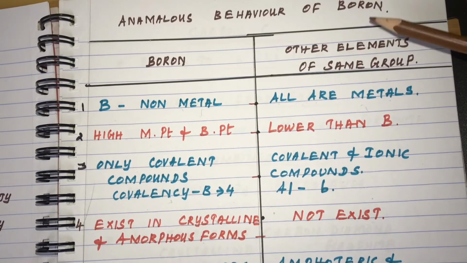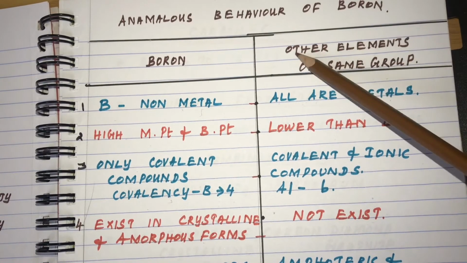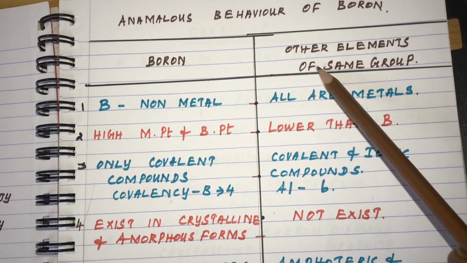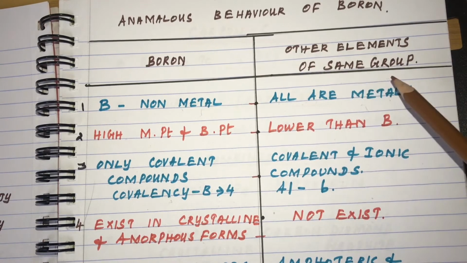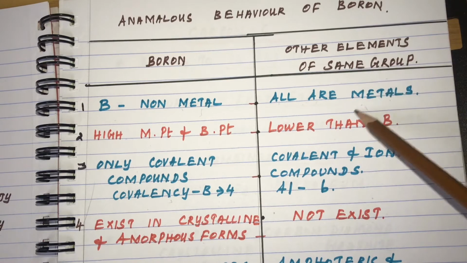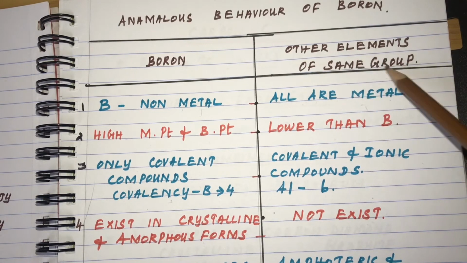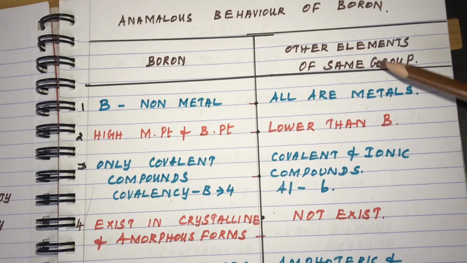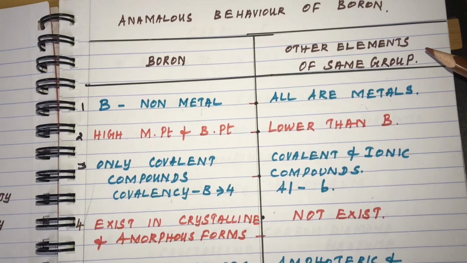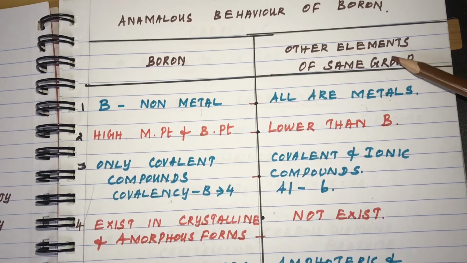Here we are going to see the anomalous behavior of boron, or how boron differs from the other elements of its own group. Here the properties of boron are listed, and here the properties of the other elements in the boron group.